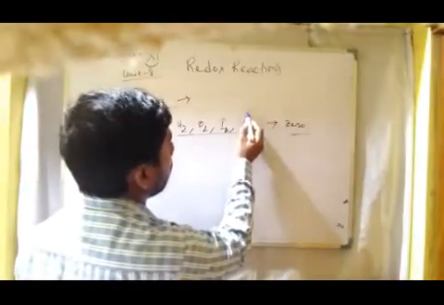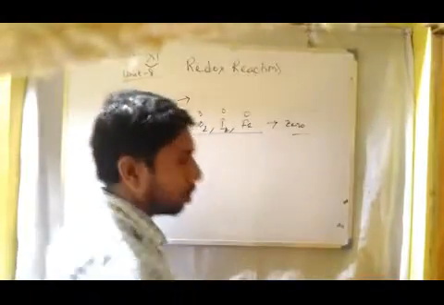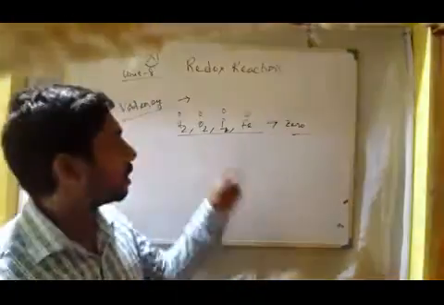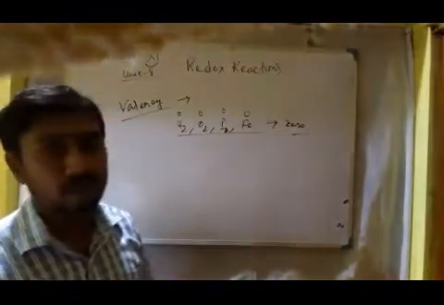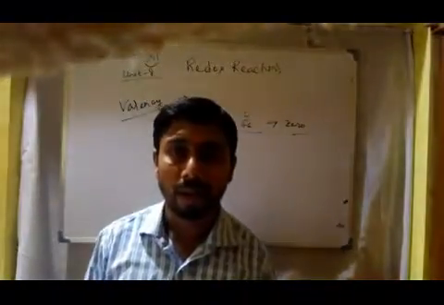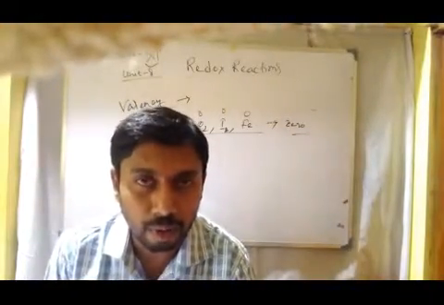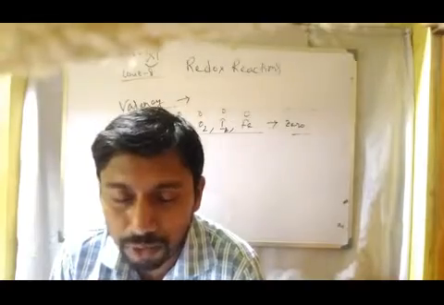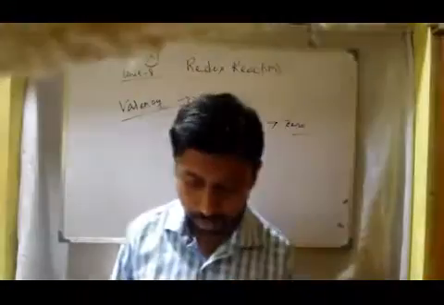You may write it down by using 0 above their symbol or formula. So it is the correct representation of their oxidation state. Okay, so the first rule is that an element or molecule in the free state is assumed to have valency 0.